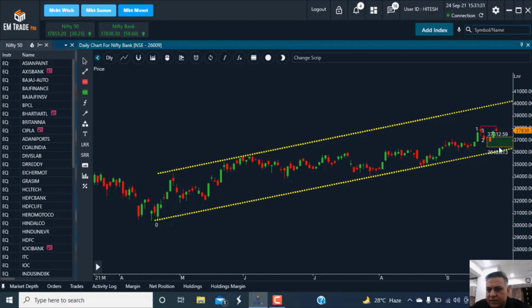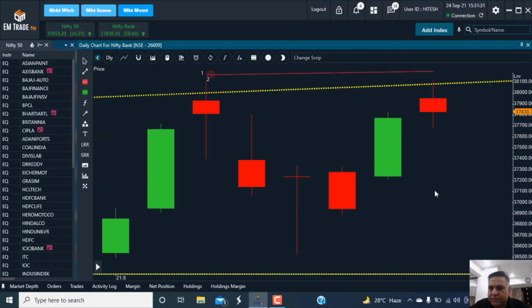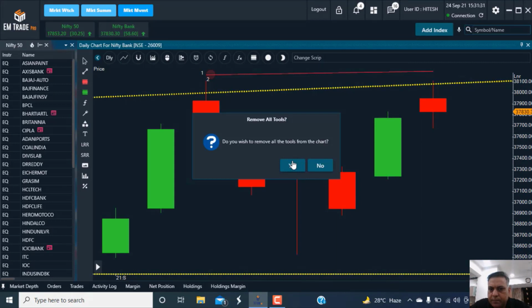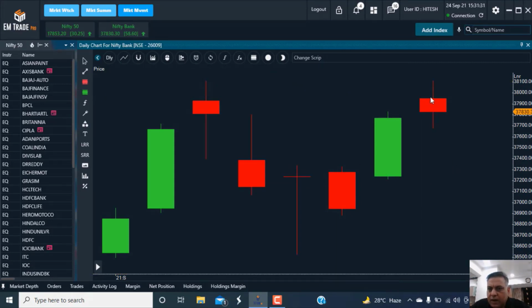And the way it has closed in an indecisive mode, today's candle is that of a spinning top. Spinning top means the high and the low are equidistant from the body, and the tail, the wick, and the body are of equal distance.